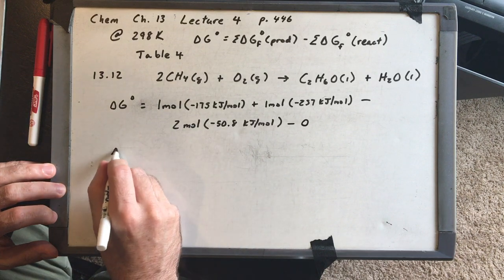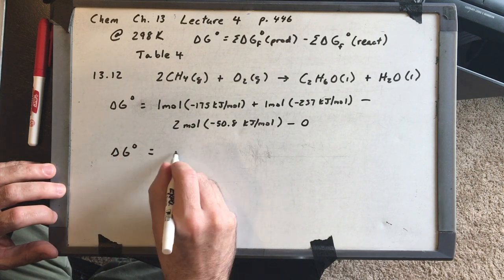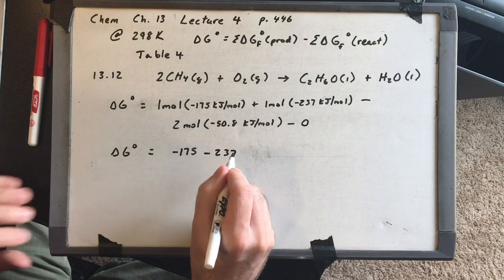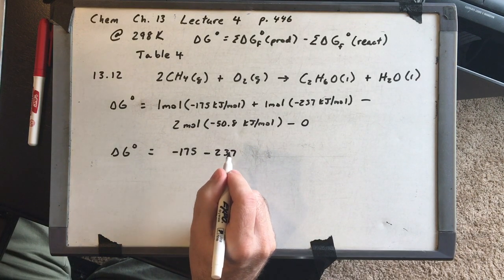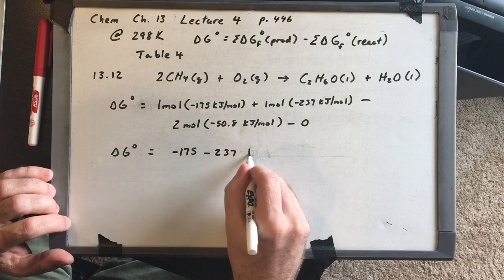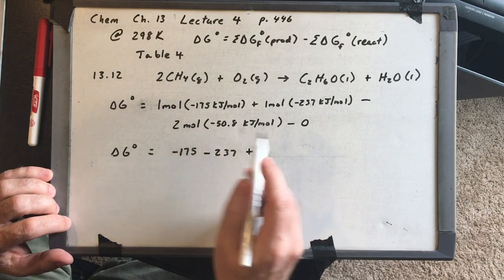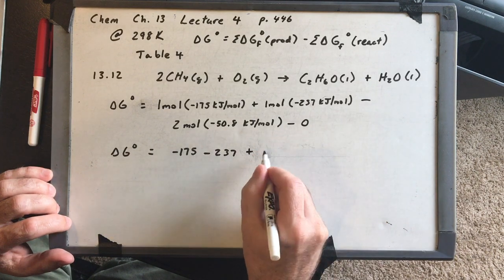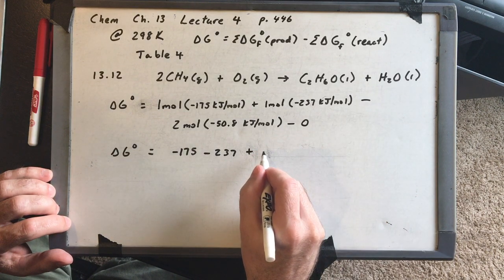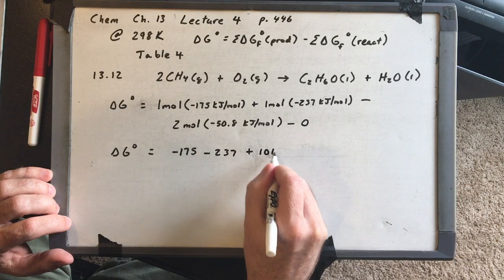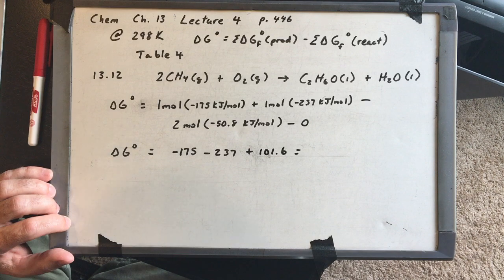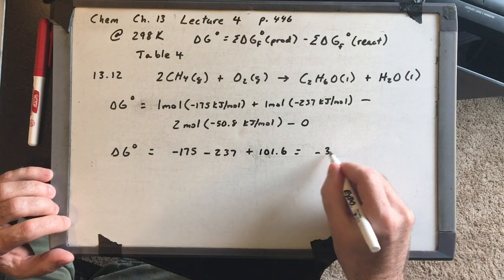Delta G is going to be negative 175 minus 237 plus 2 times negative 50.8, and minus would make it a plus 101.6. That'll give you negative 310.4 kilojoules.